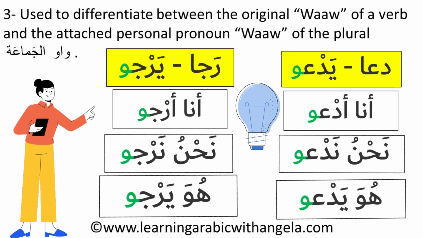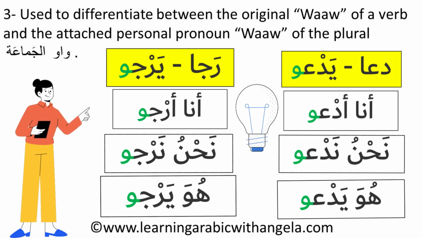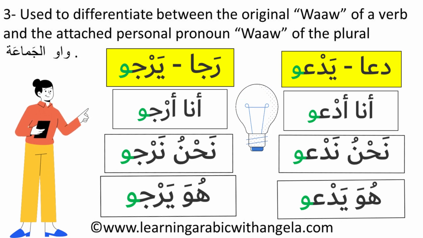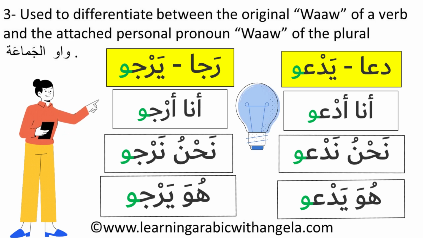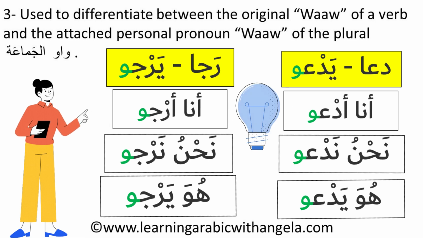The third thing that you need to know is that the differential alif is used to differentiate between the original waw of a verb and the attached personal pronoun waw al-jama'a, or waw of the plural, such as when we say أنا أدعو, I supplicate, نحن ندعو, هو يدعو.